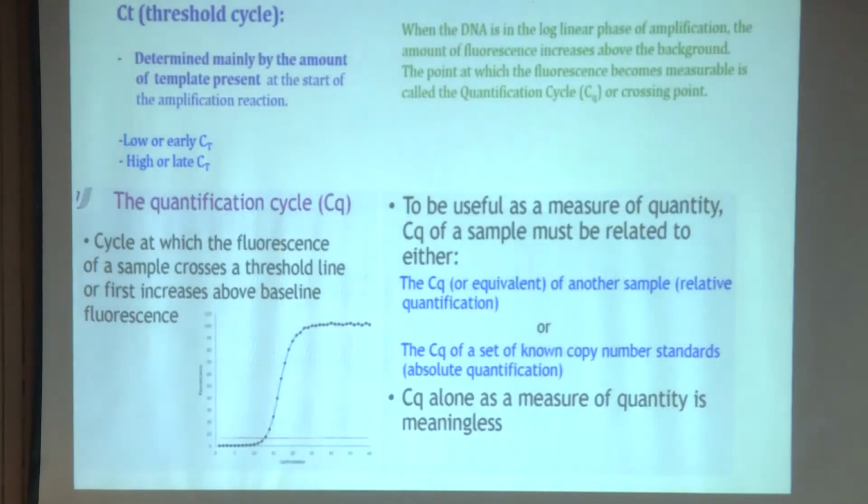What we are now interested in is the threshold cycle. If you have an early CT value, that means a low CT value, that means you have a good number of templates in your reaction mixture or reaction cup. So you are able to get sufficient fluorescence signal to get a low CT value, right?